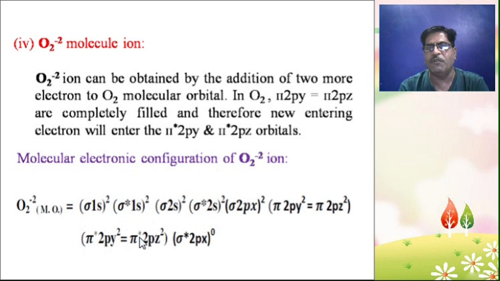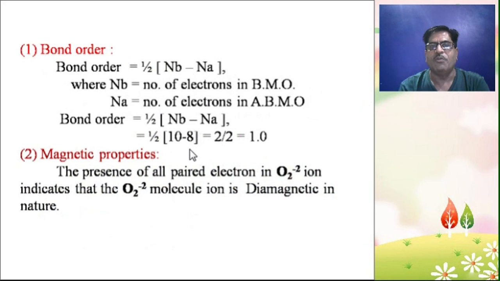In O2 there is 1 and 1 here, but when 2 more electrons are added, there are 2 and 2. So what is the bond order? The number of electrons in BMO is 10 and in ABMO is 8. So 2 by 2 is equal to 1. As for magnetic properties of O2 minus 2, the presence of all paired electrons indicates that the O2 minus 2 molecule ion is diamagnetic in nature.